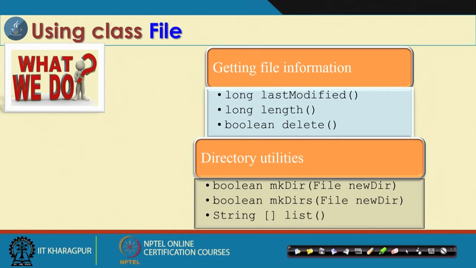There are also some directory utilities, that means using a file we can create a directory and then the file can be placed in that directory, and make directories, more than one directory can be created, and the list of files stored in a particular directory can be accessed using the list method. So, there are many utility methods related to file which help the programmer to handle the files in the different ways that they want.